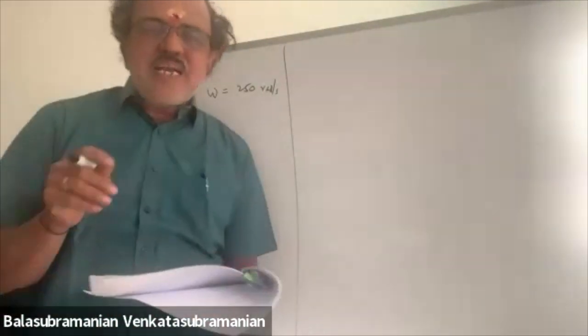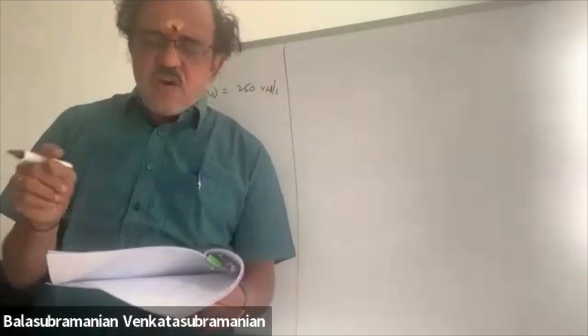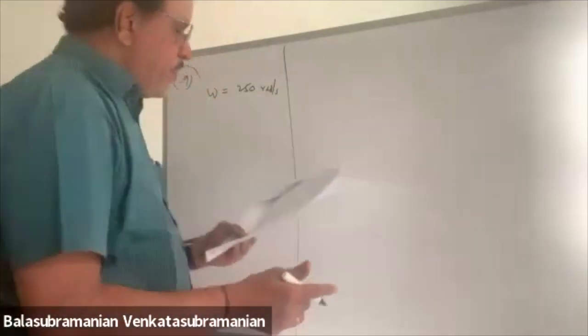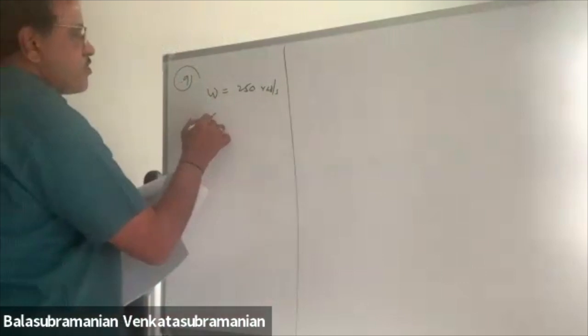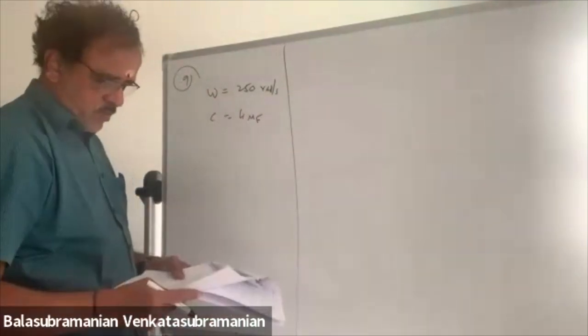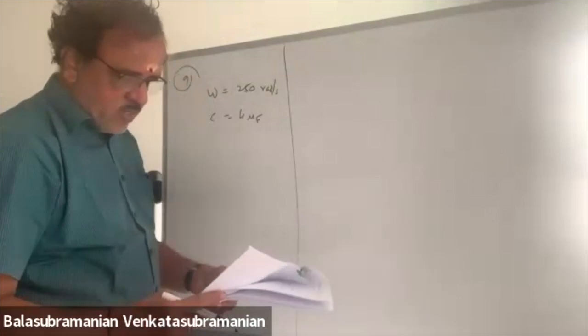Voltage across 100 ohm resistor is 40 volts. If the value of C is 4 microfarad, then calculate the voltage across L.